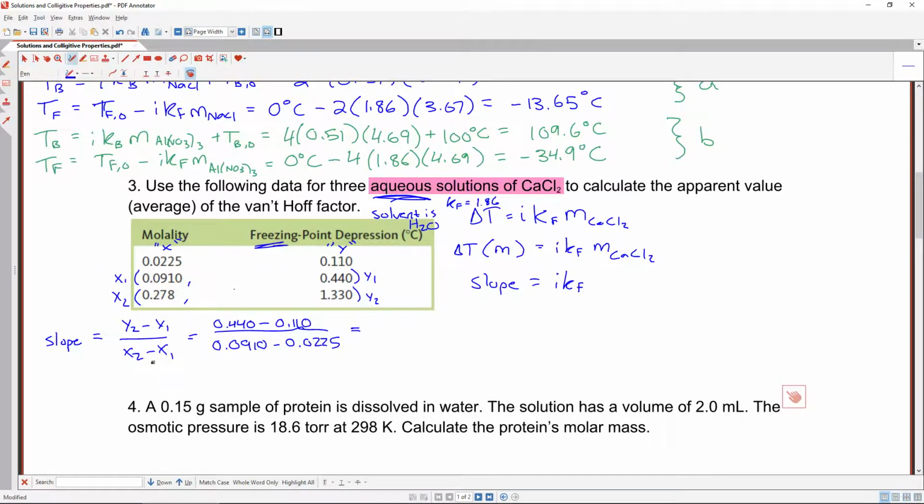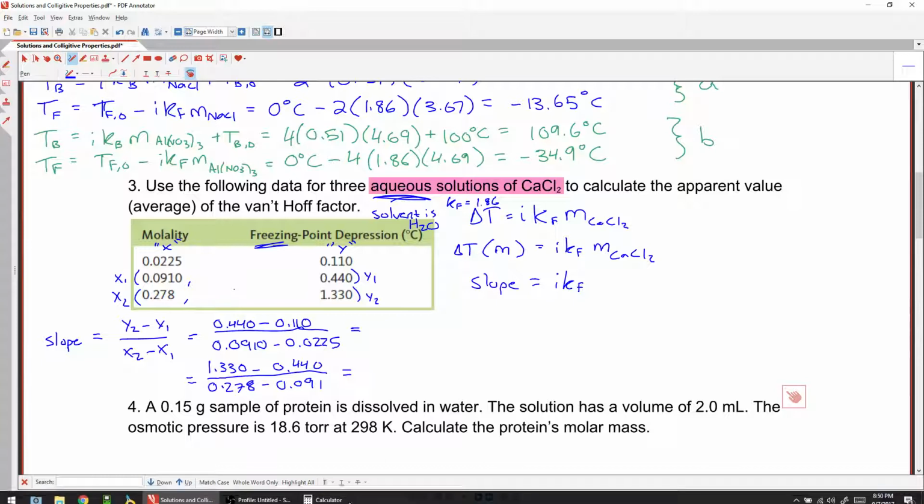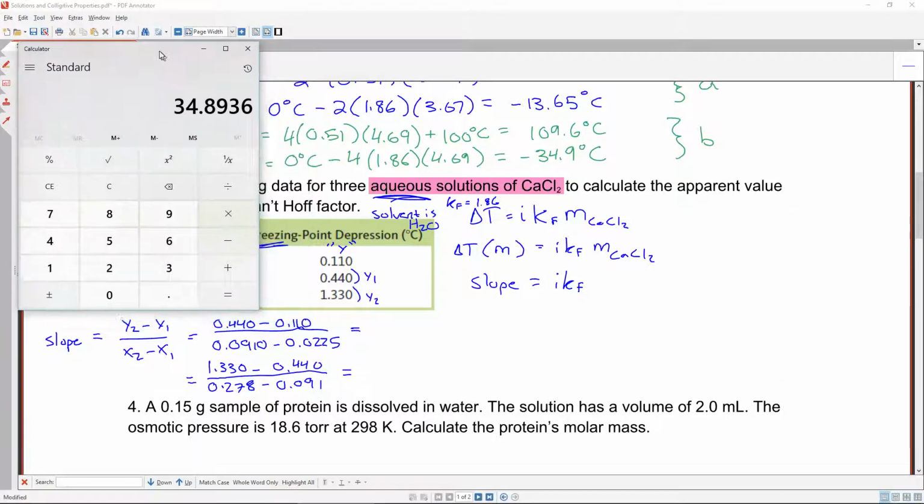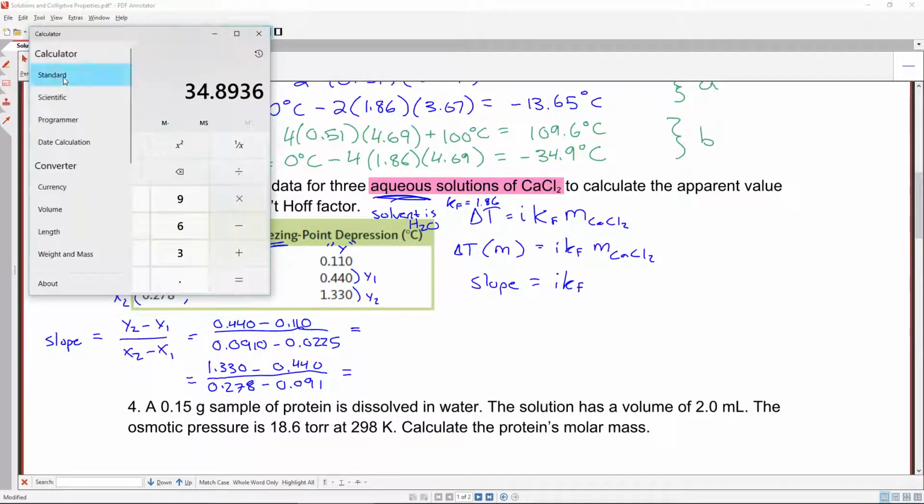So this is also equal to, for our second data point, so to speak, 1.330 minus 0.440 over 0.278 minus 0.091. All right, let's plug those into a calculator. Handy dandy calculator. I forget if I can do brackets on these.